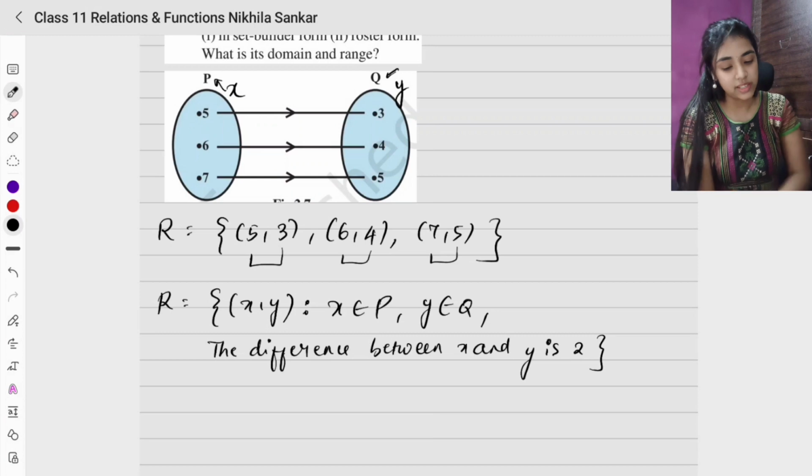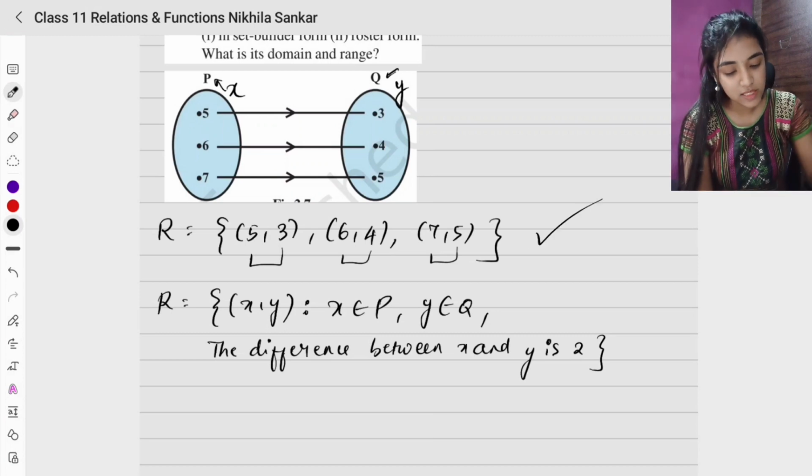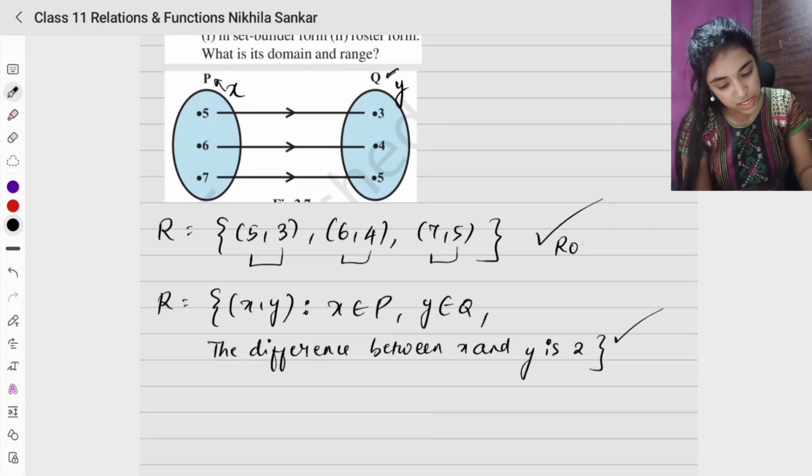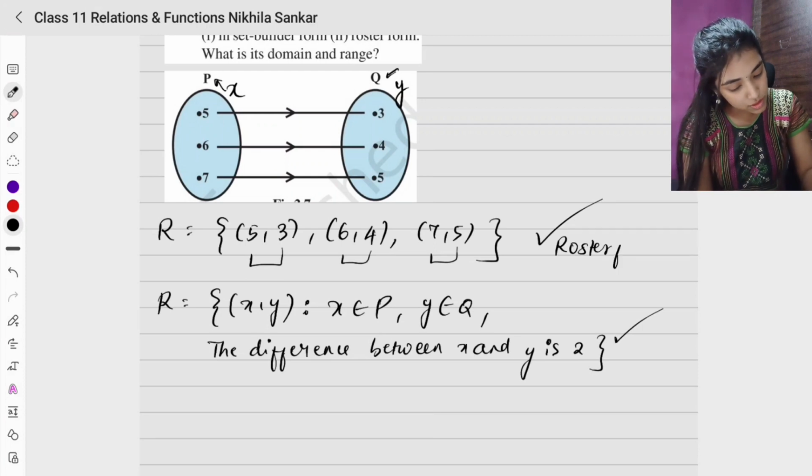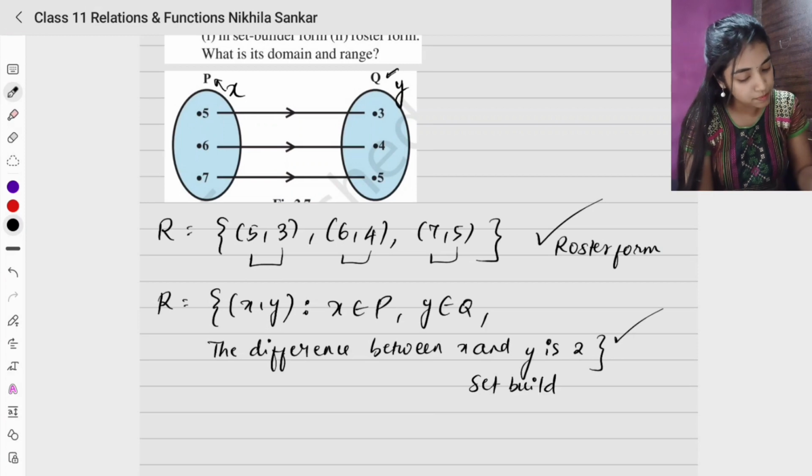So this is how you can write this in a set builder form. Okay, and this is the roster form, regular way of writing this, and this is the set builder form.